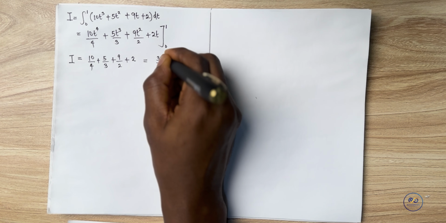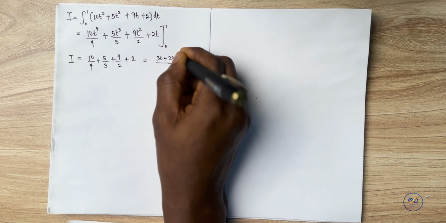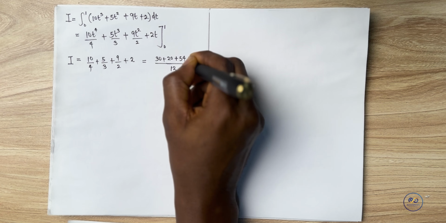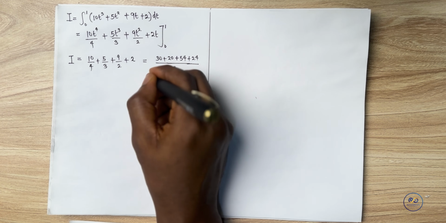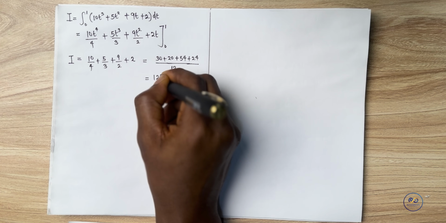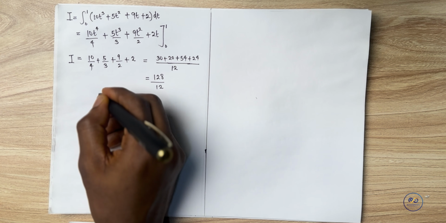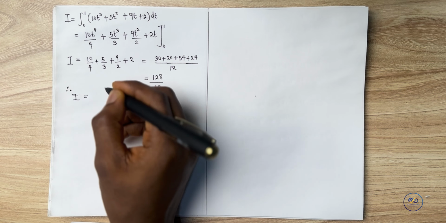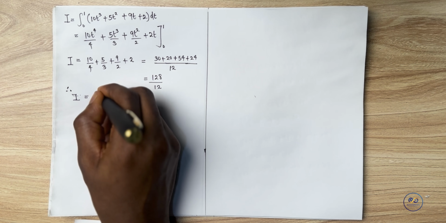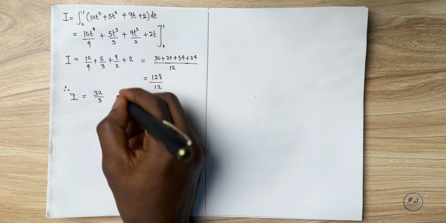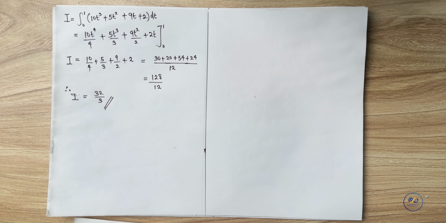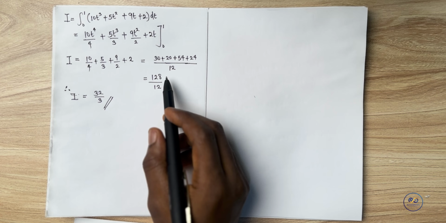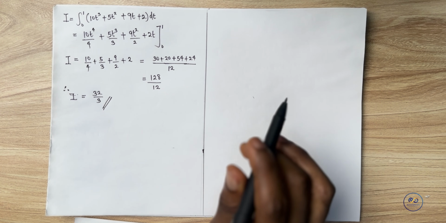So you have 30 plus 20 plus 54 plus 24. If we add all of this together, we have 128 divided by 12. Therefore I would simply be equal to 32 over 3 in lowest terms, dividing by 4 here, and that's as low as it can go.